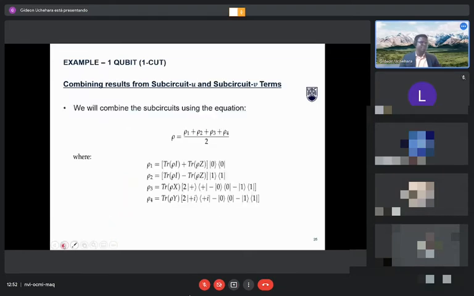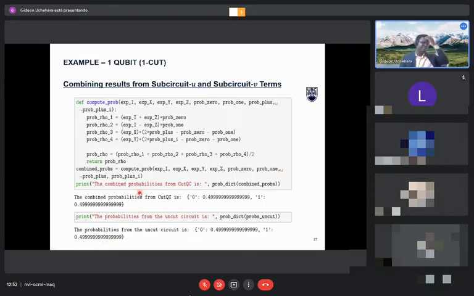So we have to make the substitution here. We got this to be 1, this to be minus 1, this to be 0, and this to be 0. So basically we don't need this. The expectation value or the probability will depend on this result here. So that said, this is how we combine the result.